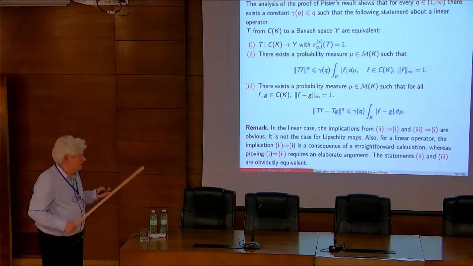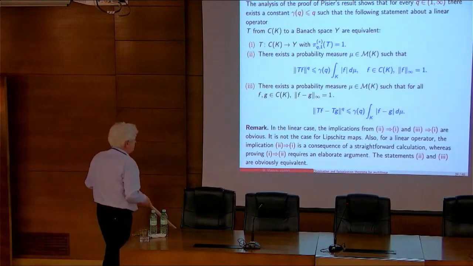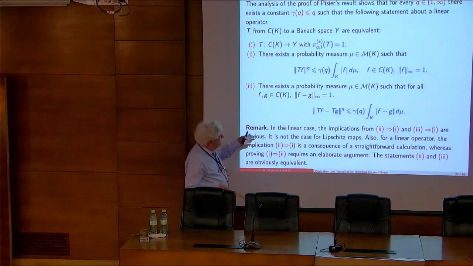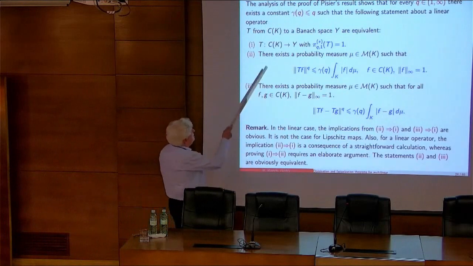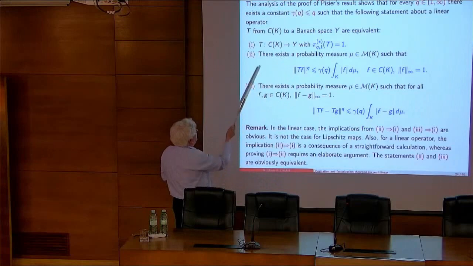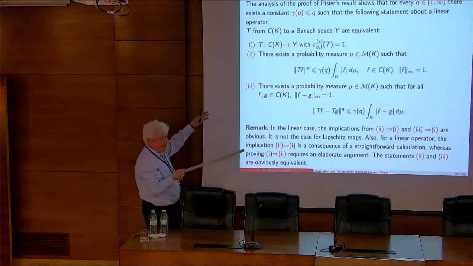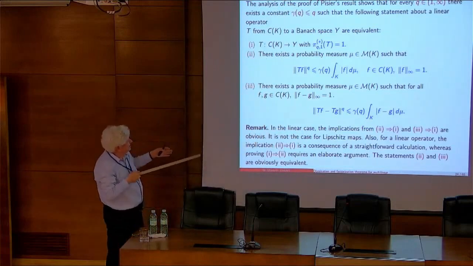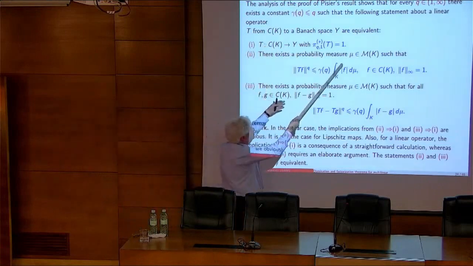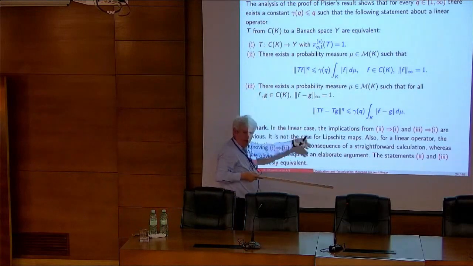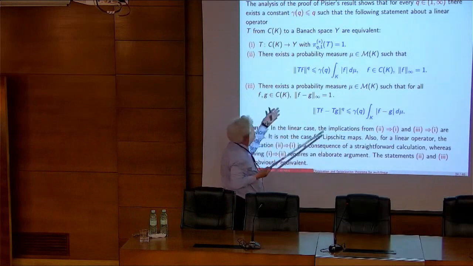So this was natural. What about the class of Lipschitz operators, for which we want to see whether we have a variant of this? The situation is really complicated in general. If you do an analysis of Pisier's theorem, it is equivalent to the following statements, to be Q1. Because of linearity, you can reduce the problem to norm 1.